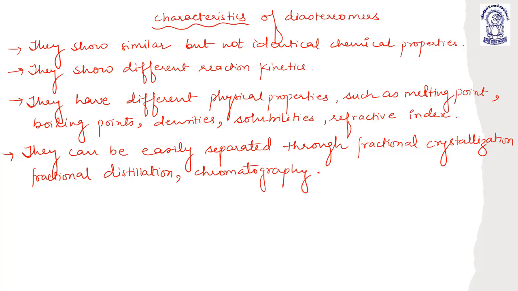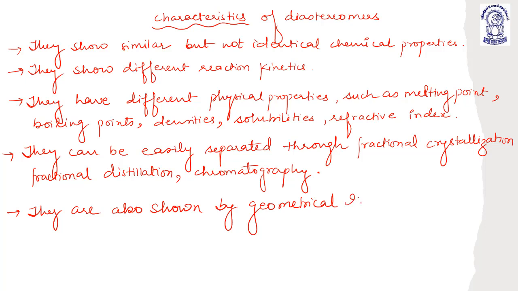Diastereomers are also encountered in the case of geometrical isomers. They are also shown by geometrical isomers.